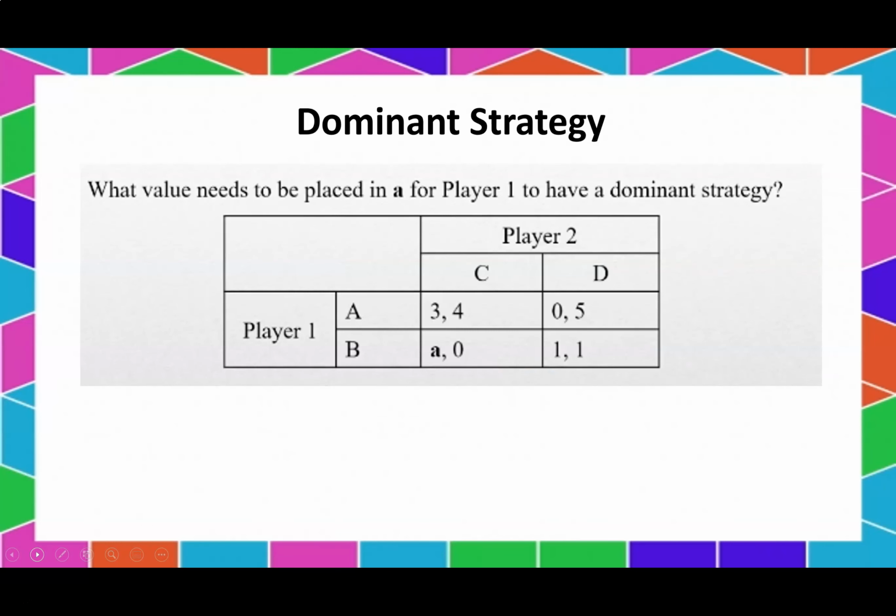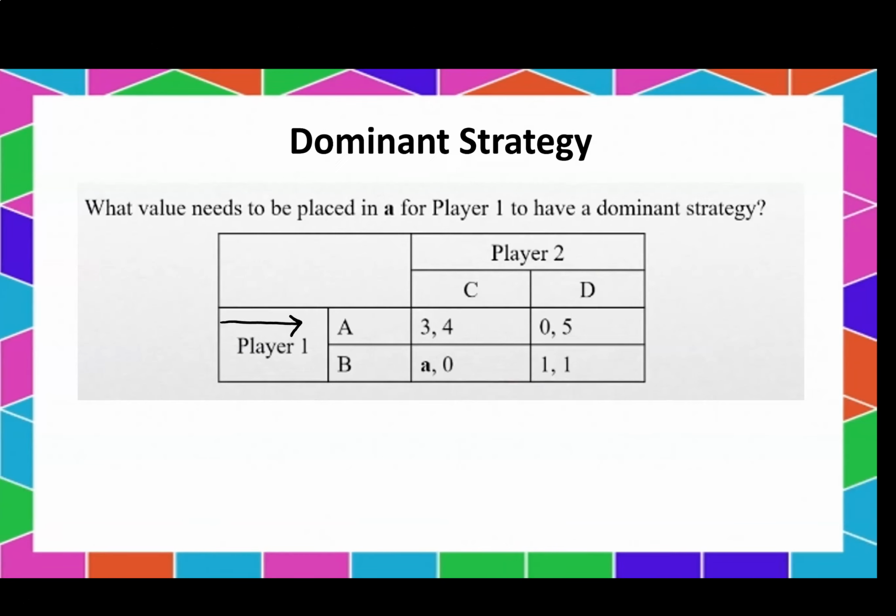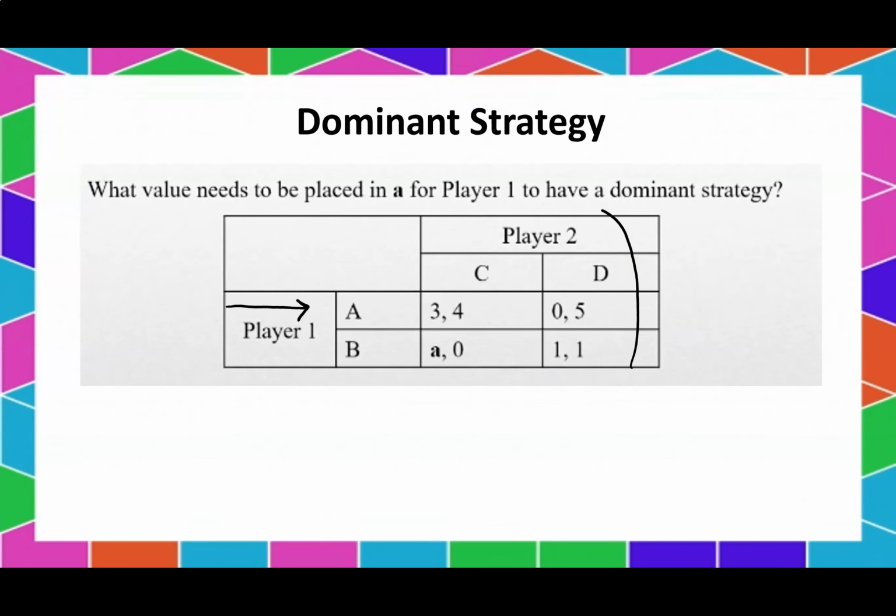Okay, what value needs to be placed in for A in order for player 1 to have a dominant strategy? Well, let's first figure out what the dominant strategy could possibly be. So in this situation, let's say that player 2 chooses D. Okay, well, what's better for player 1, either $0 or $1?